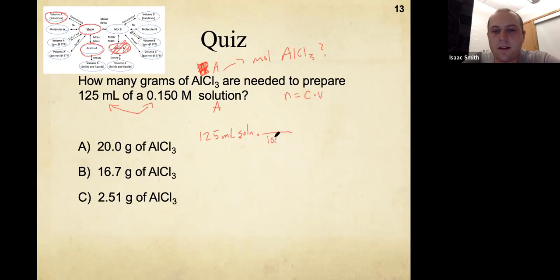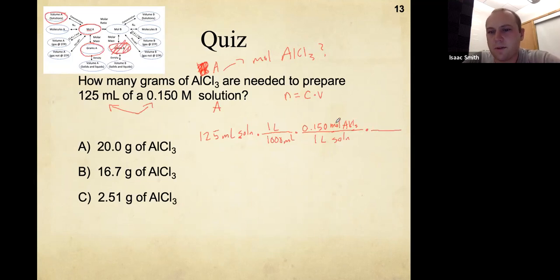So 1,000 milliliters for every 1 liter. And then our molarity tells us that we have 0.150 moles of aluminum chloride, aluminum trichloride, I should say, for every 1 liter of solution.